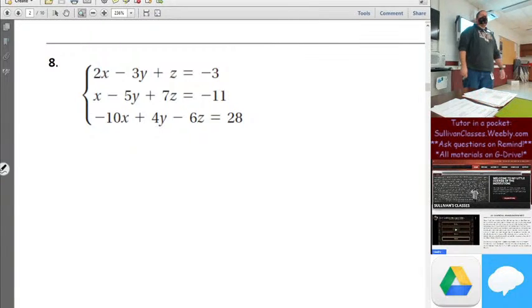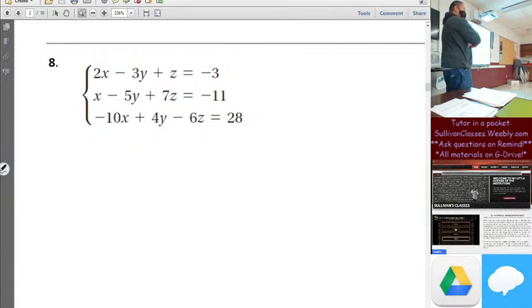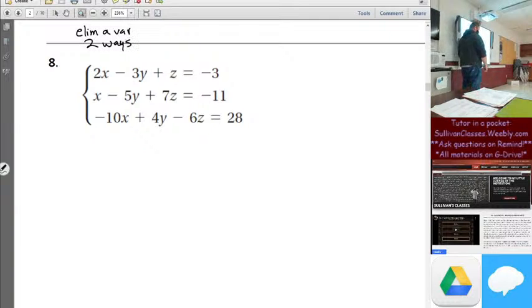3 variable systems. If you remember the trick to these, you eliminate a variable 2 ways. You're a lion stalking the herd. You go after the weak and the sick. You say, that one looks really easy to get out of there.